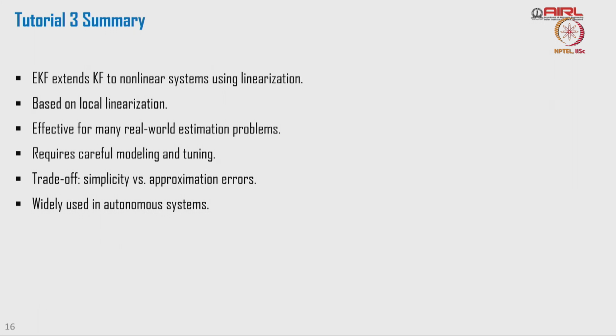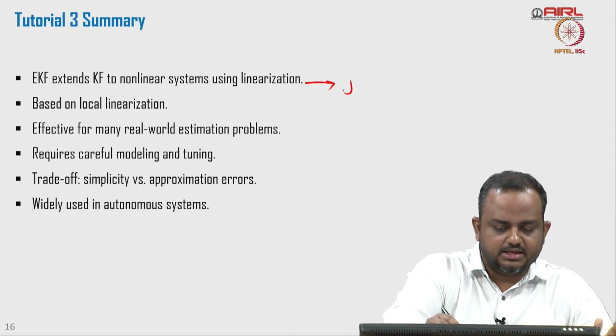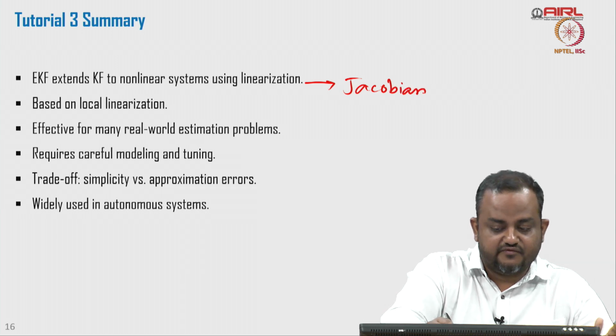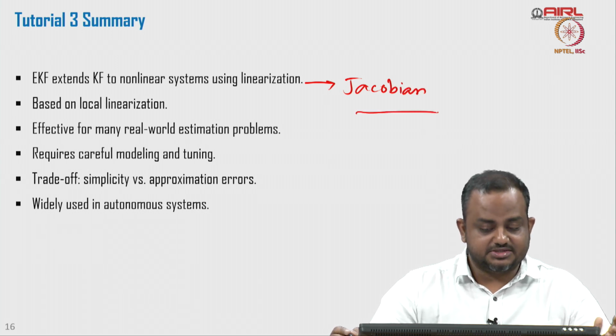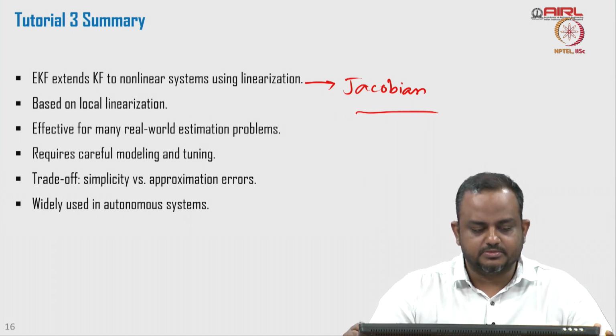So, to summarize, what we learnt here in tutorial 3 is that the extended Kalman filter extends the Kalman filter to nonlinear systems using linearization. How is it linearizing? By calculating the Jacobian. This Jacobian is a local linearization, so it is near the point of estimation, checking the neighboring points and linearizing.